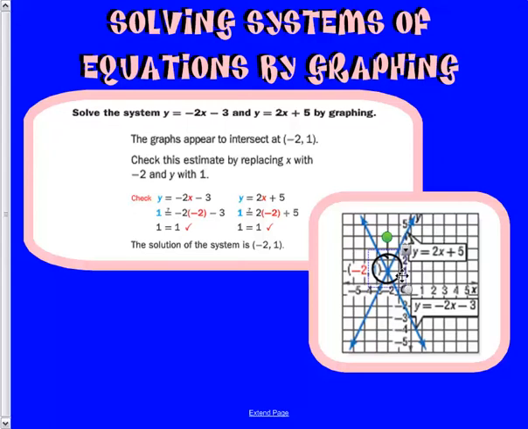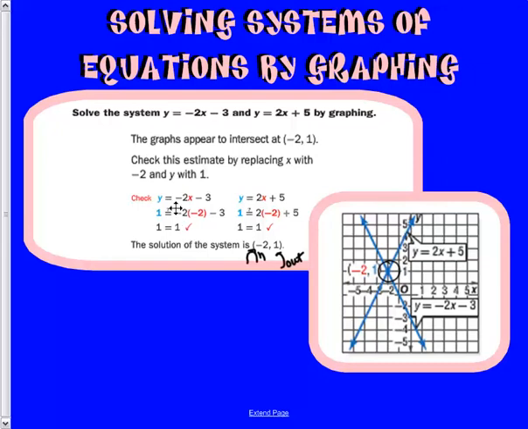So at negative 2 comma 1, that point fits into this equation and into this equation. I can also check my work by plugging back into the equation as an input. Remember, this is your input, your x, plug it in for x, and if I get my output as 1, then I know that my answer is correct.